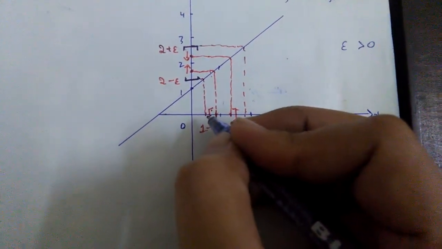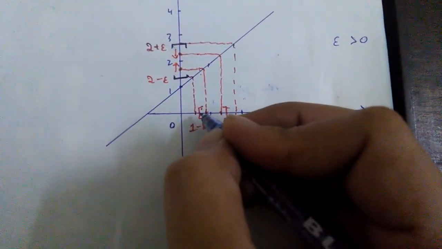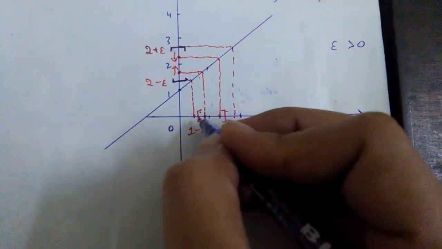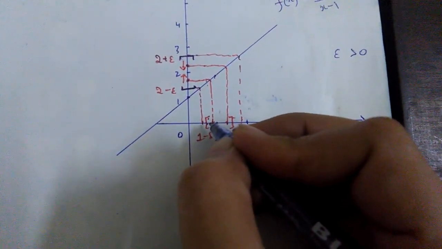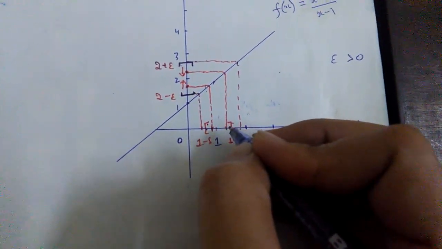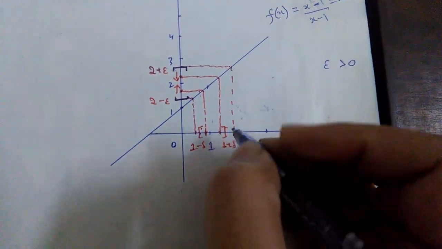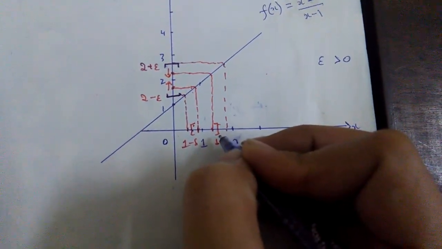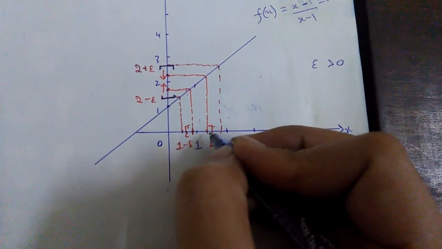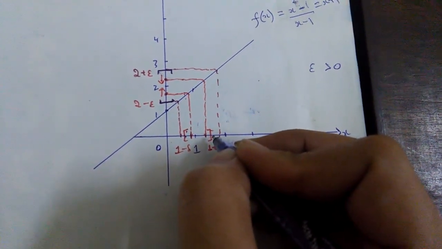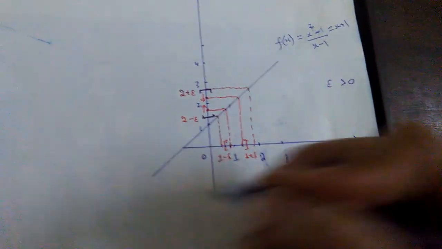So the lower bound is greater than 0.5. So how about if I start taking values greater than 0.5, and my upper bound is greater than 1.5, of course. So I'm just going to pick a couple of values here, greater than 0.5 and so forth.